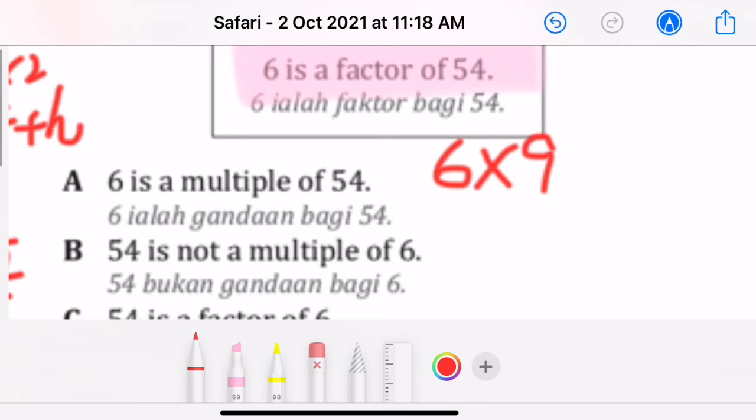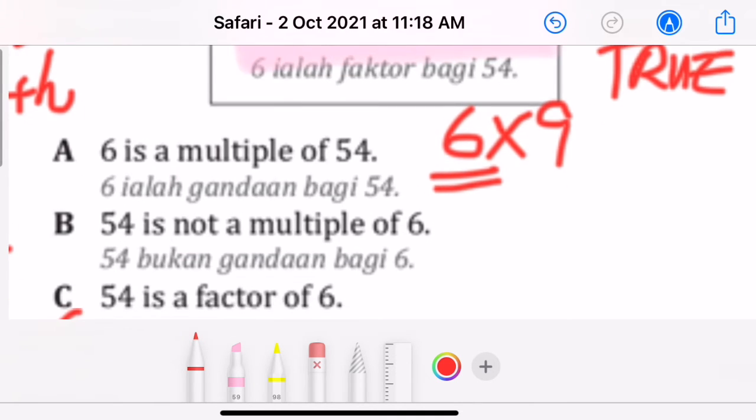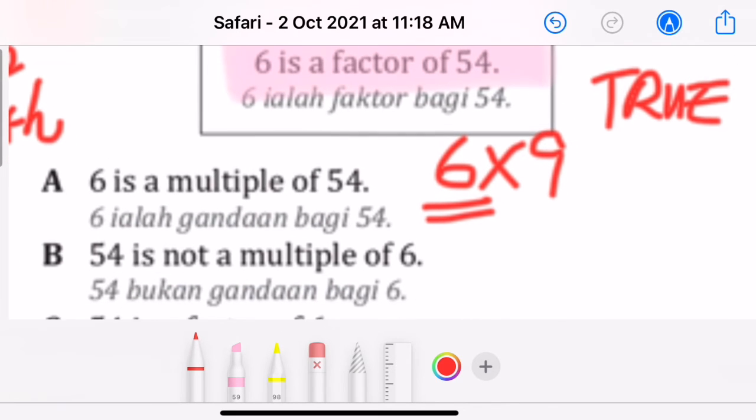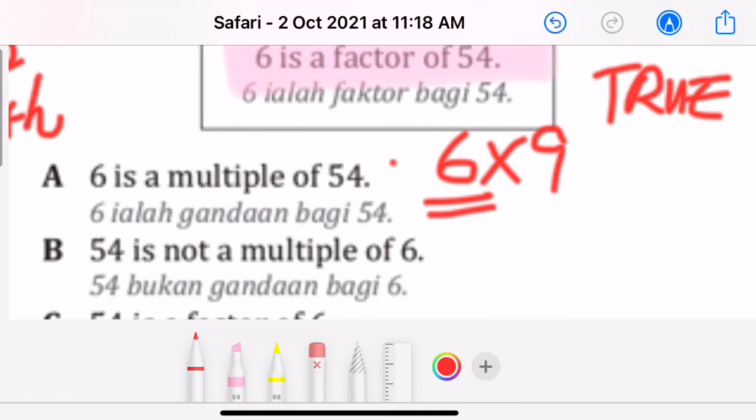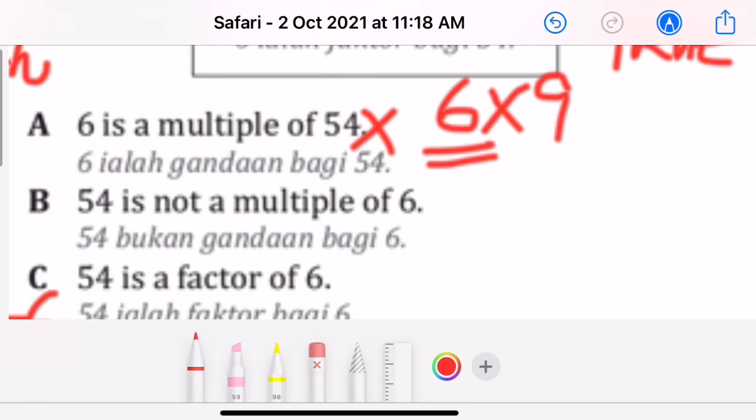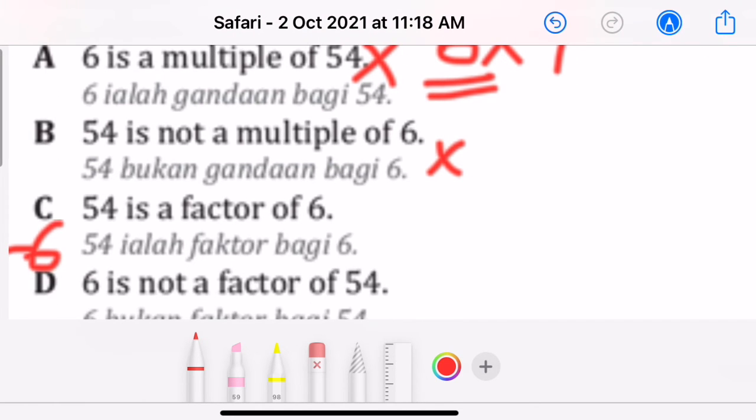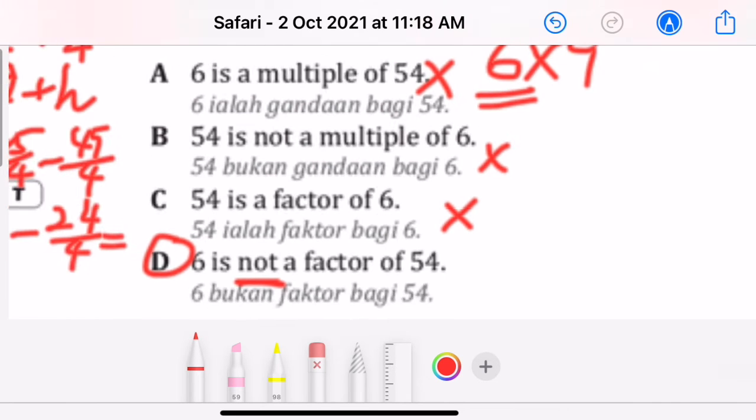Yeah, 6 is a factor, so this is a true statement. So we want to negate, we have to make it false. 6 is a multiple, no. 54 is not a multiple, no. 54 is a factor of 6, no. Yeah, there is a not: 6 is not a factor of 54. Yeah, this is the answer.